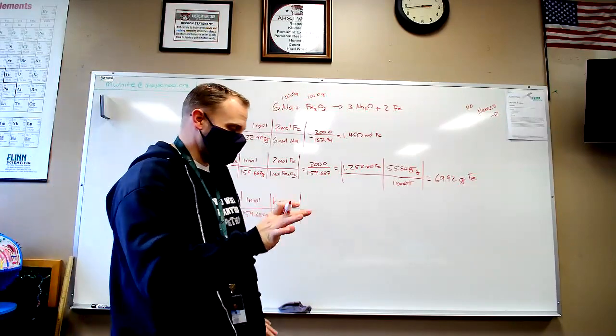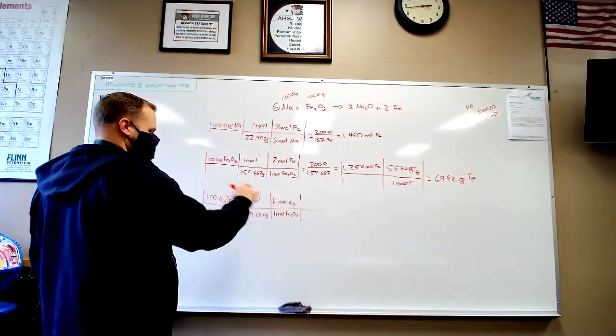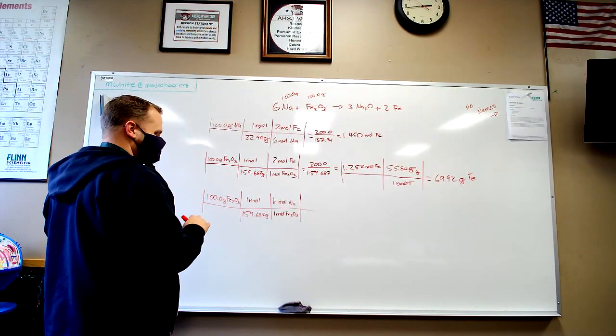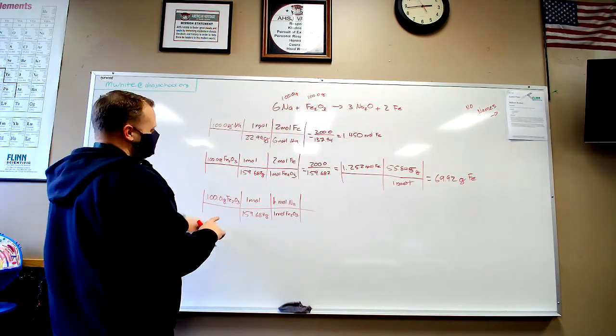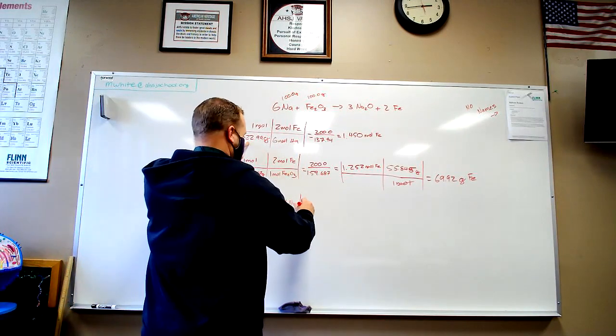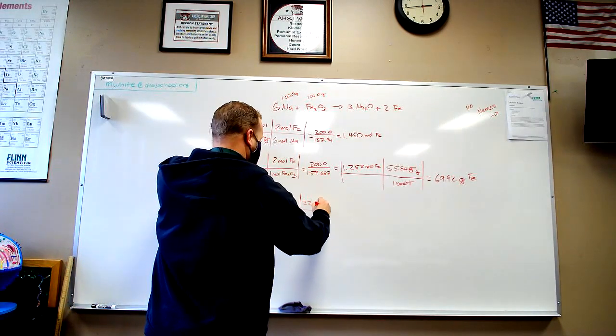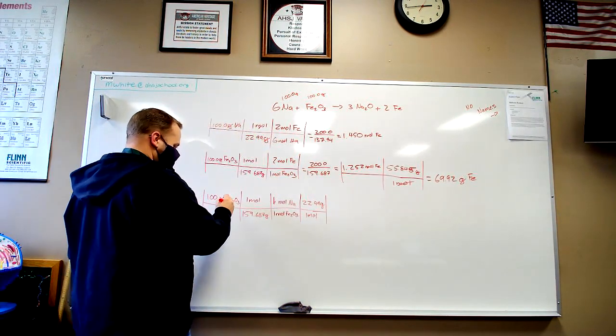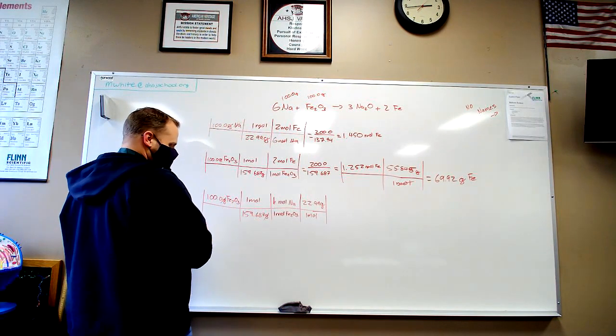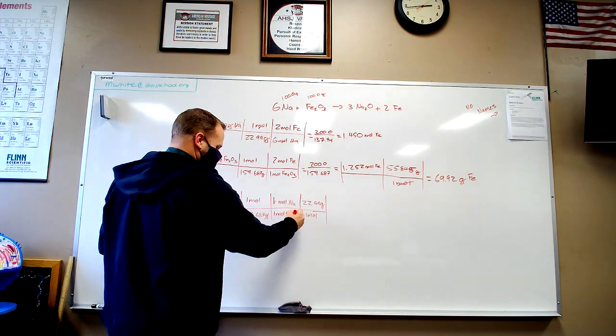And since it asks for a specific mass, we're going to throw on one more conversion factor to go from moles of sodium to grams. Okay, but we already have 22.99 grams in 1 mole. So do some unit canceling out. So we got grams, it's gone. Fe2O3 is gone.